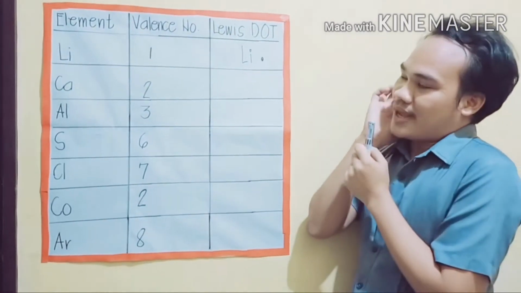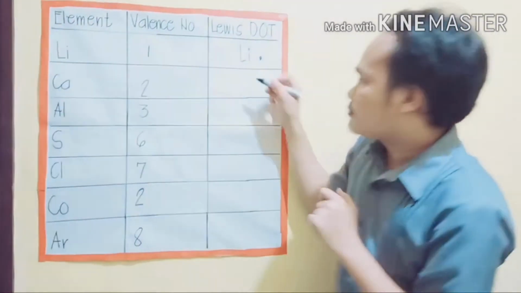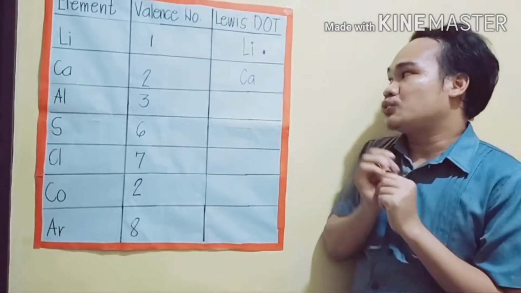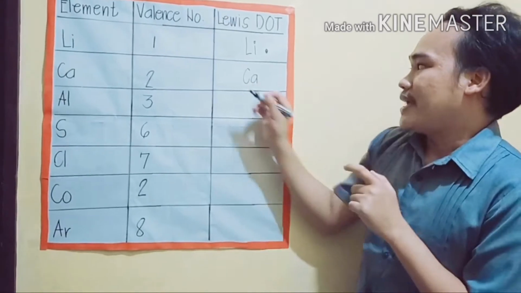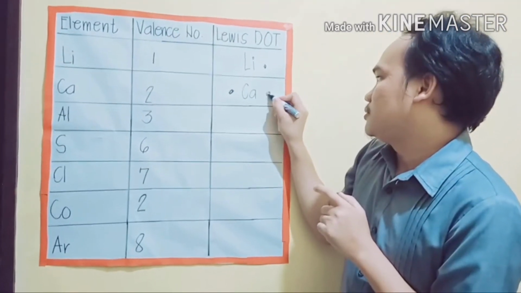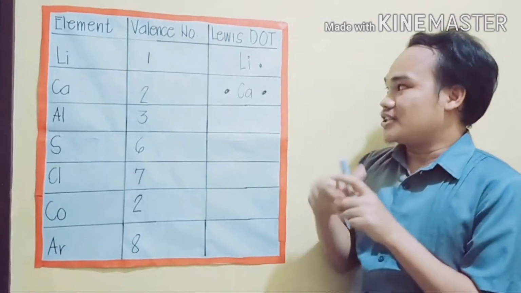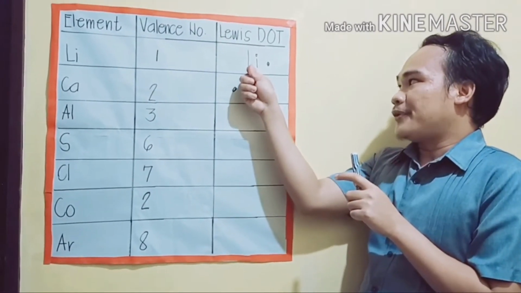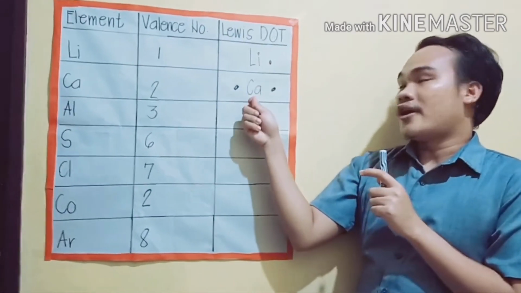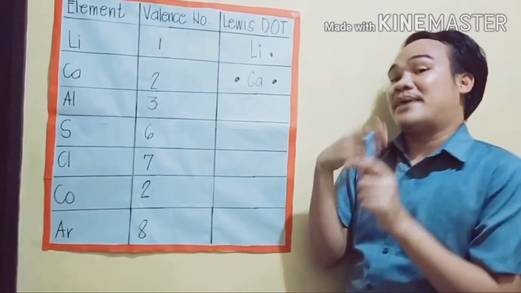Okay, number 2, we have calcium. How many valence electrons do we have in calcium? We have 2, so we can write 2 dots. You can write the 2 dots in the upper and lower, or in the top or bottom. It depends upon you.